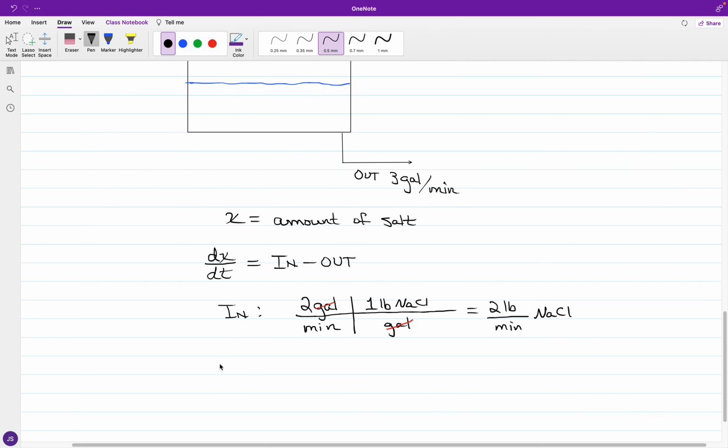Now for what we have going out, we have the volumetric flow stream of 3 gallons per minute. And we started out initially with pure water, so there was no salt whatsoever.